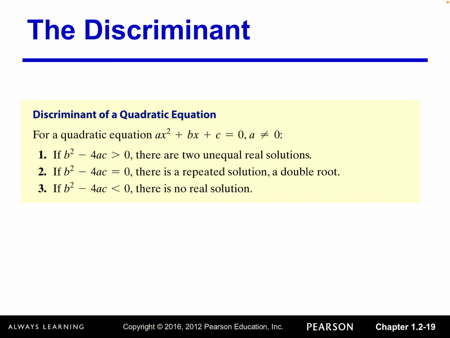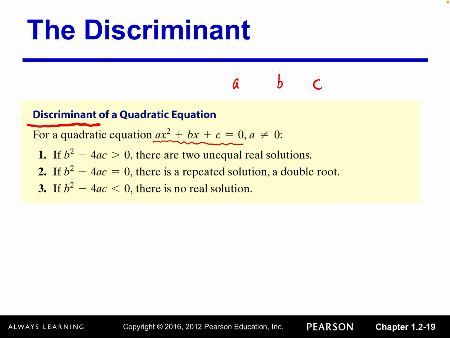Actually, the next slide talks about the discriminant. How to use the value of the discriminant to determine the type of solution, what kind of solution we're going to get for a particular quadratic equation. Once a quadratic equation is given, we can always write it in standard form, and then identify coefficient a, coefficient b, and coefficient c.